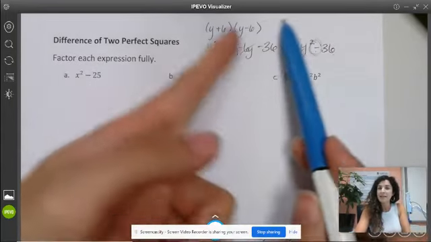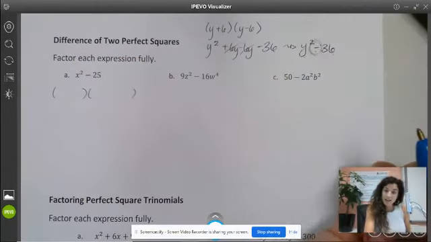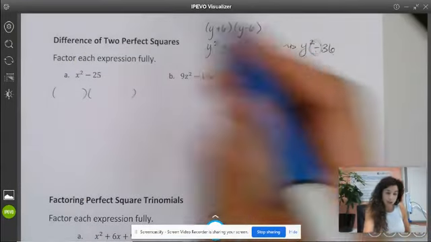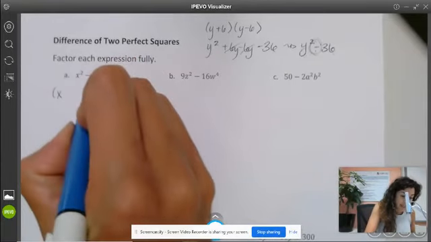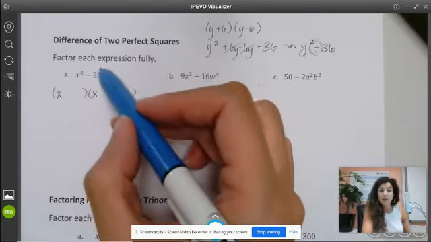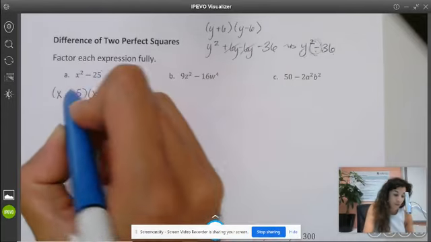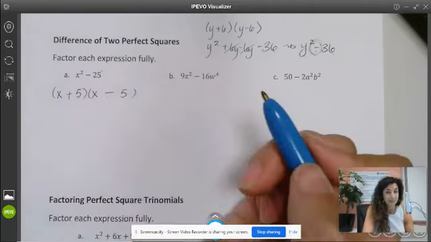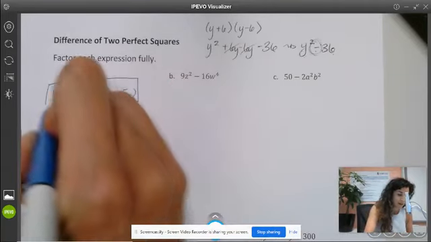Then you just have to remember what happened at the beginning: we had the square root of y squared. So in this case, the square root of x squared at the beginning, the square root of the second term, which will be 5, at the end, and then one is plus and one is minus. That's all you have to remember for the difference of two perfect squares.